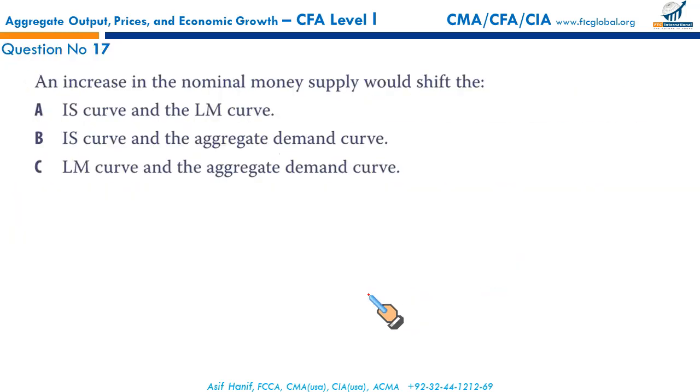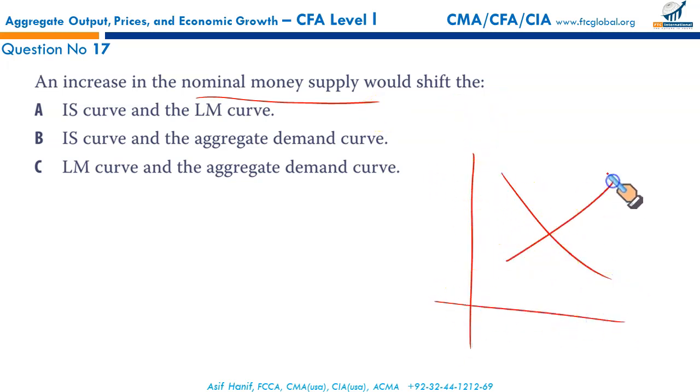Moving on to the next question, number 17. An increase in the nominal money supply would shift the, let's say, first draw the IS and LM model. This is LM, IS. So an increase in nominal money supply means an increase in real money supply.